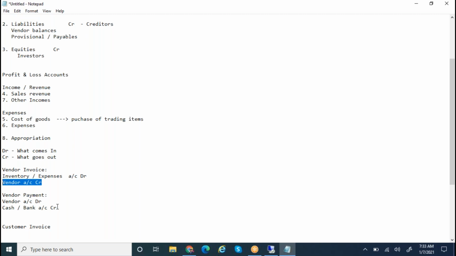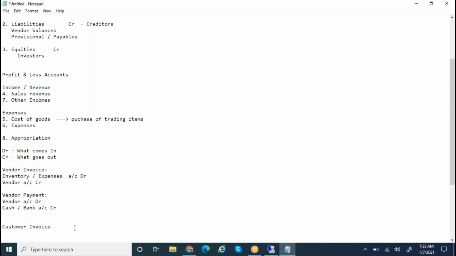If I am doing payment from my cash, it will be decreased. Suppose in my cash box 25,000 is available, I have paid 5,000, then it will become 25,000 minus 5,000, 20,000. Otherwise, if I am giving a check to the vendor, it is bank account credit.